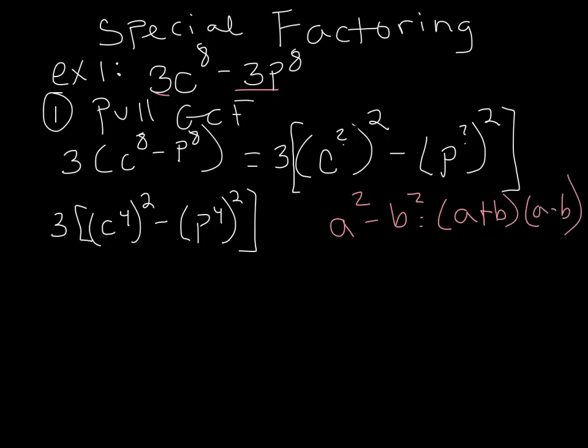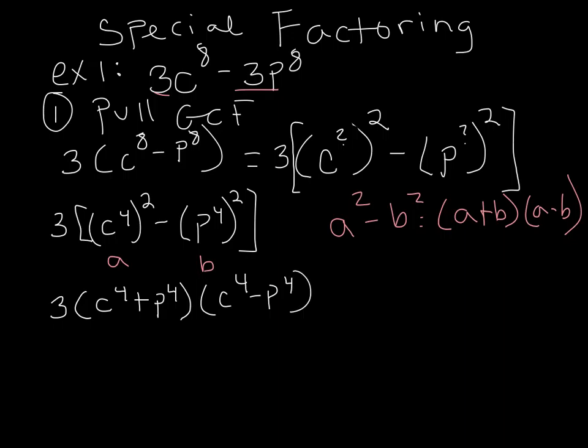It doesn't matter what order those are in, but that is what it breaks down to. So using that formula, if you let c to the 4th be a, and p to the 4th be b, then I can rewrite this. Now I have 3 times c to the 4th plus p to the 4th times c to the 4th minus p to the 4th.